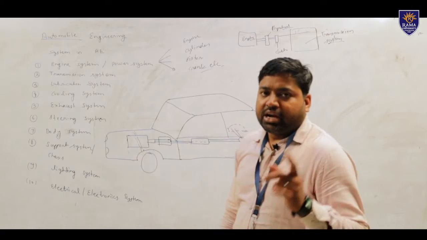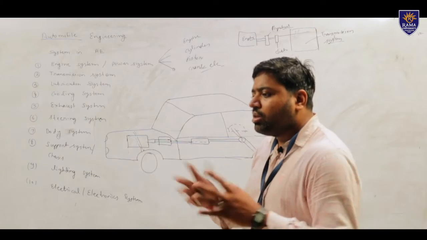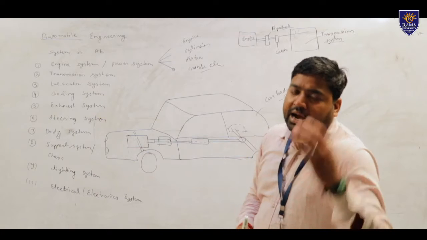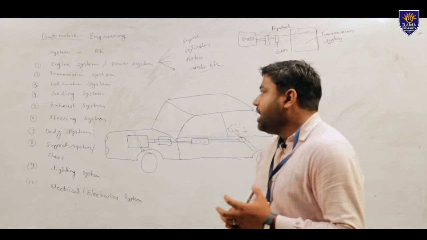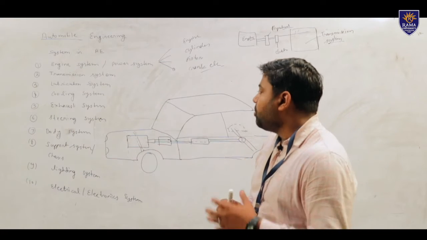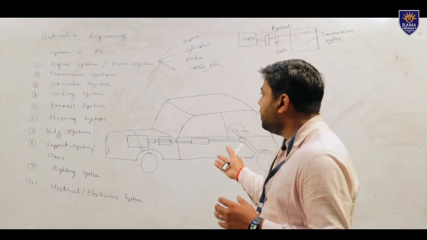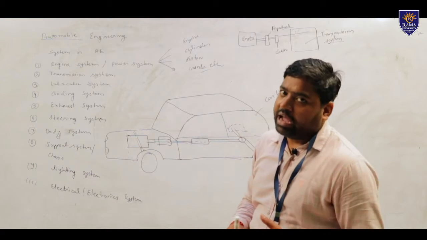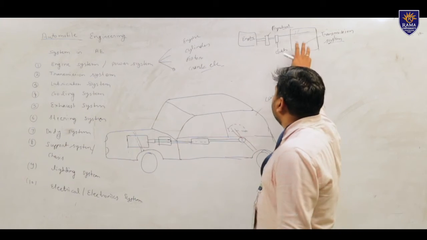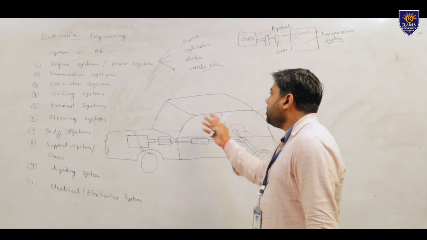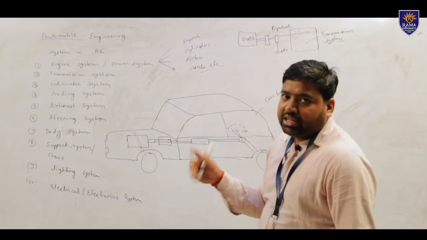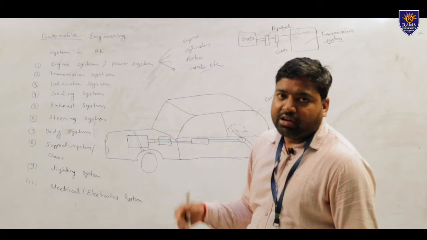So first gear, second gear, third gear, and fourth gear are all combined in the gearbox, which is part of the transmission system. And the gearbox provides facilities for the vehicle to move as fast as you can, or as slow as you can. So this gearbox is very important, as when the driver needs the vehicle to go fast, the gear will be the fourth or fifth or maybe different.